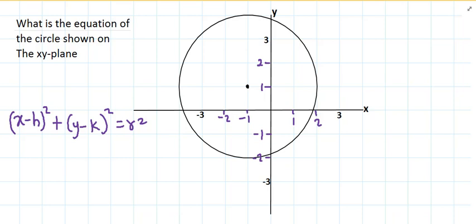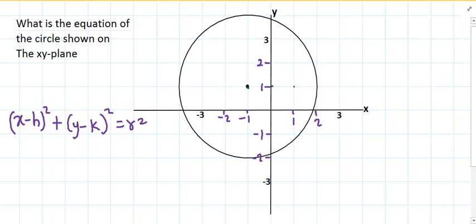Let's identify some of the major things we know. Right here is the center of this circle, because from this point, this is 1, 2, 3 units from here, and this is another 1, 2 and 3. Let's go this way, 1, 2 and 3. Let's go this way, 1, 2 and 3.